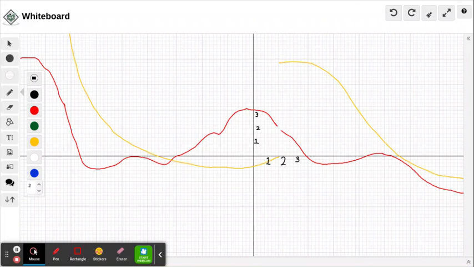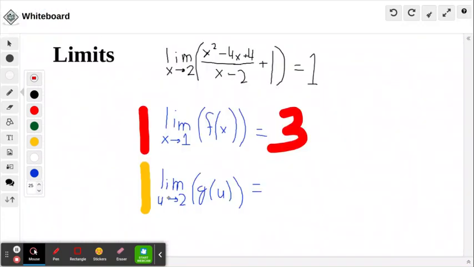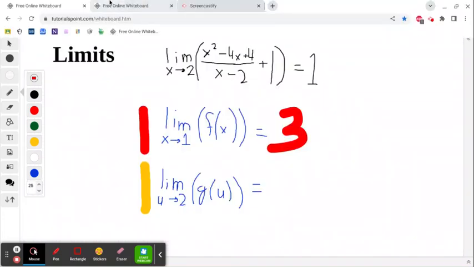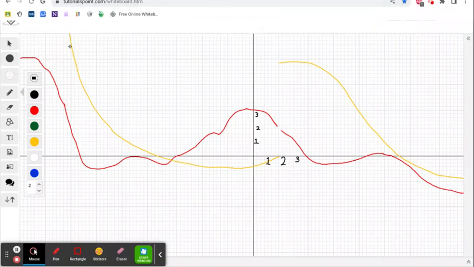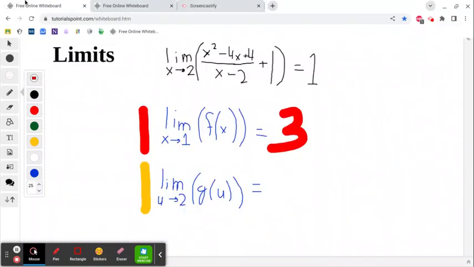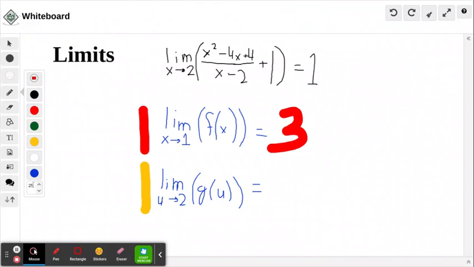Because it approaches different values from both sides, and remember, it does have to approach the same value for it to be a true regular limit, this means that the limit as u approaches 2 of the function g of u, specifically this yellow line, does not exist.